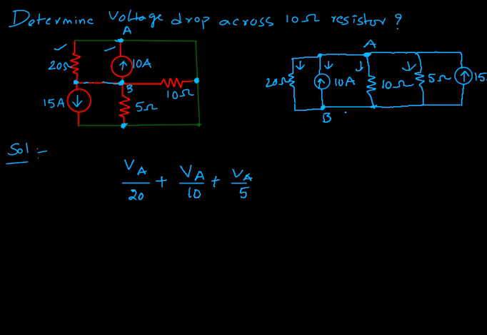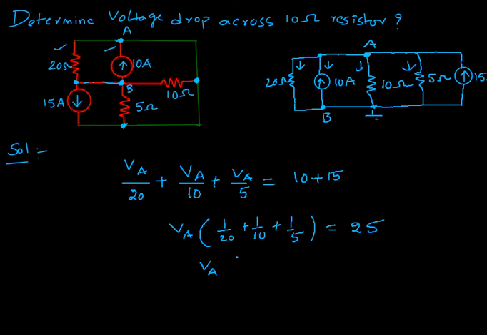VB is grounded, so we can say it is 0. That equals the sum of the currents entering, 10 plus 15, since both are entering in the same direction. Taking VA common, 1 by 20 plus 1 by 10 plus 1 by 5 is equal to 25.